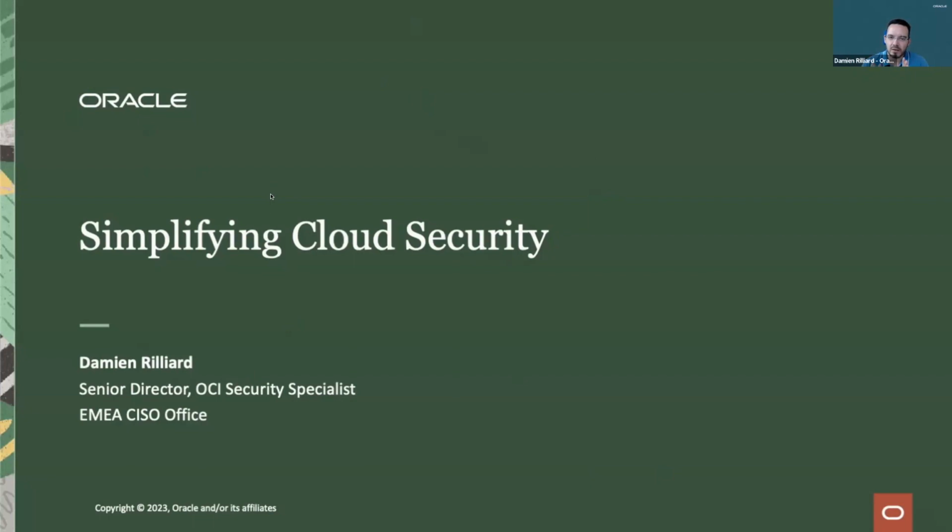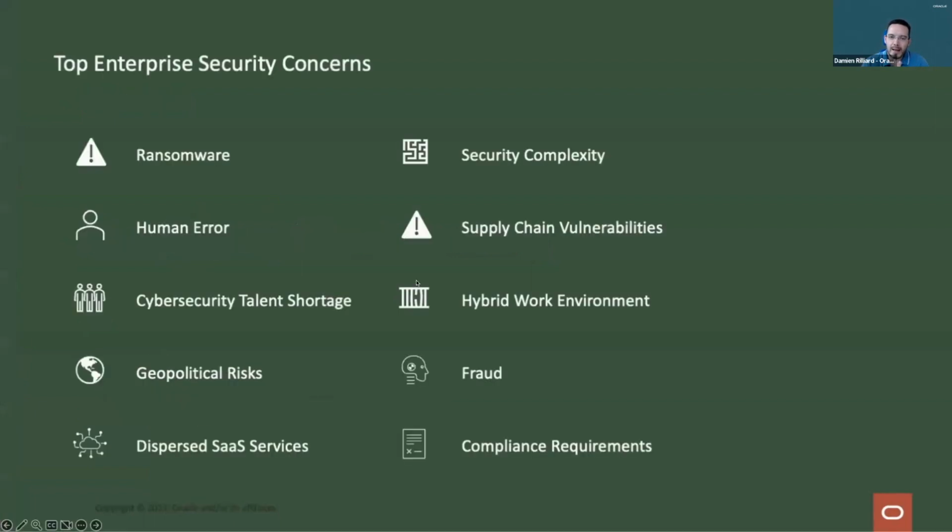And today I'd like to speak a bit about the challenges when it comes to security in the cloud, specifically, not on-premise, and how we can actually help to tackle that. So like Manuel said, I'm Damien Riard, and I work in the EMEA CISO office. Our mission there is to make sure that our customers leverage all the security which is built into OCI, and that a lot of people might not be aware of, to protect themselves against the current threat landscape out there. Next slide, please.